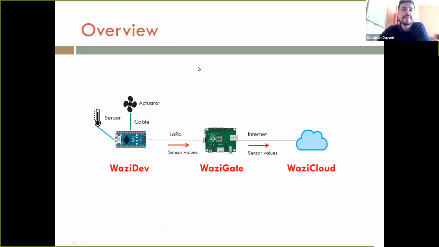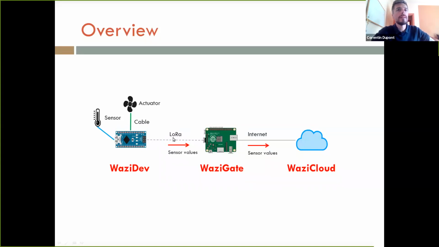So let's start with our overview. This is our technology. It's a three-tier architecture, and there are three elements: the Wazidev, the Wazigate, and the Wazicloud. The Wazigate, as Kongduk was saying yesterday, is a LoRa device.